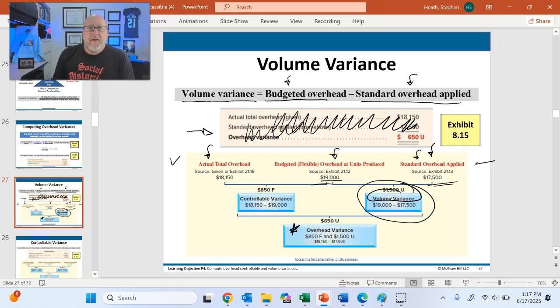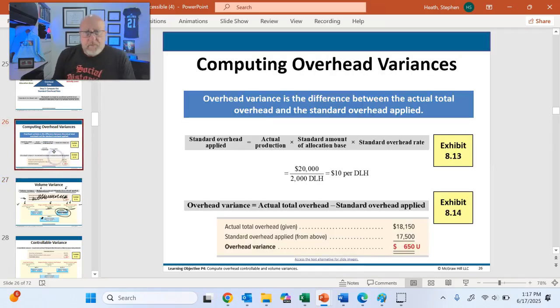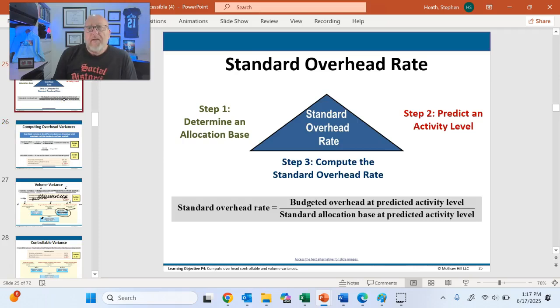Standard overhead applied is going to start with our overhead standard rate. Remember, at the beginning of the period, this is chapters ago, we said we need to determine our predetermined manufacturing overhead allocation rate.